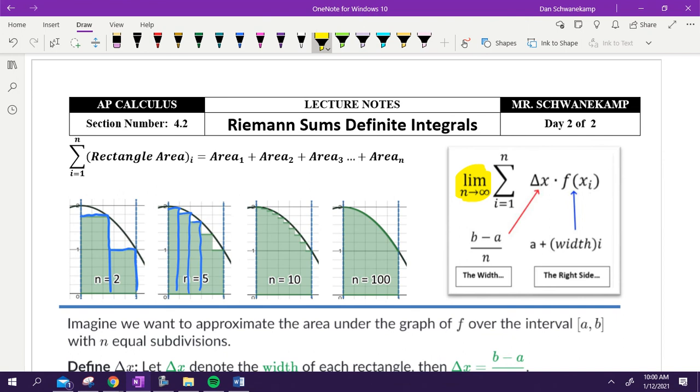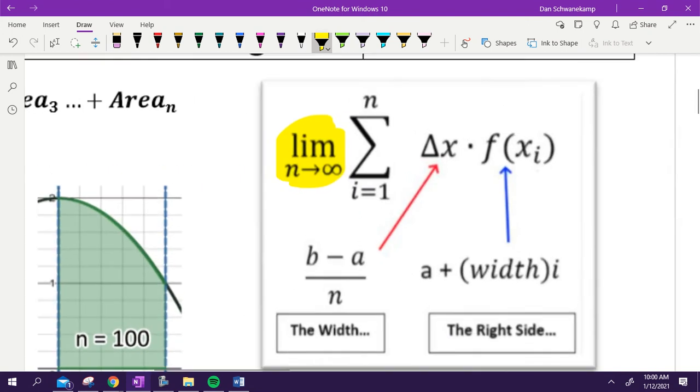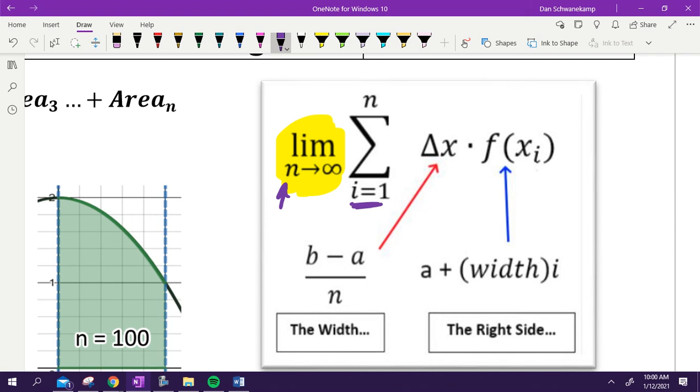Okay? So here's how this works today. To find the area under the curve, we're going to find the limit where n represents the number of rectangles. Okay? It's going to be infinity every time. It's always going to say i equals 1 on bottom, but we're going to add up. That's what sigma means. That's what we just talked about. Sigma means the sum, and this is going to be over here, the area of the rectangles.